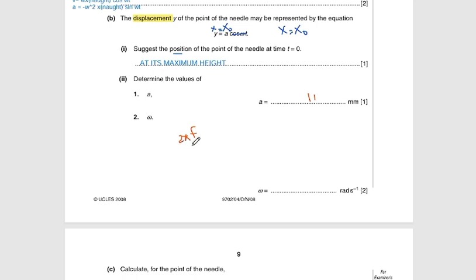It's extremely important that you write down the formula first, because they can cut your marks, or you might get something wrong in your calculations, but you can still get a mark for your formula. So you have 2 pi into frequency, which was 4.5, and when you multiply this, you will be getting 28.3.